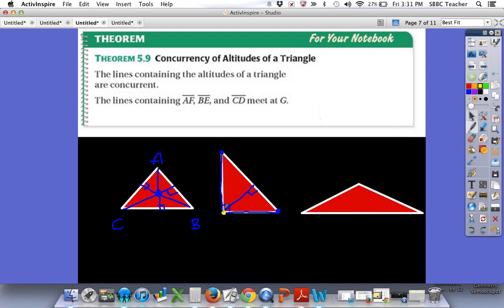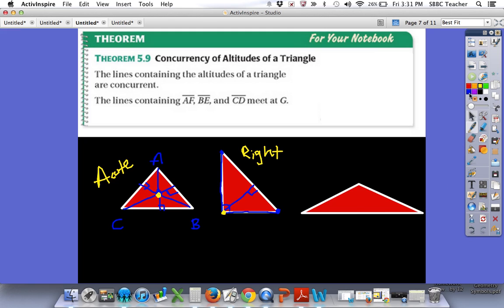So in a right triangle, the orthocenter is actually on the triangle. In an acute triangle like the first one, the orthocenter is inside the triangle. In a right triangle, the orthocenter is on the triangle.